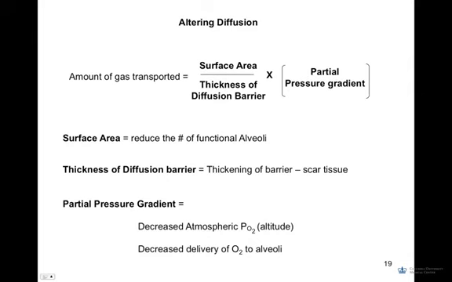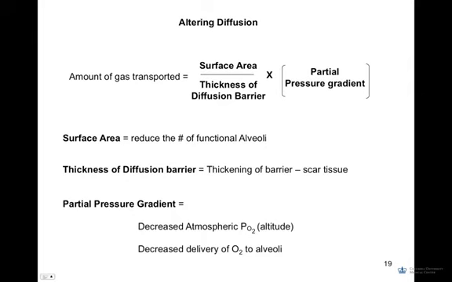So for example, for individuals with pulmonary disorders where they have a reduced number of functional alveoli, maybe the alveoli have compressed, or they've collapsed, or for any number of reasons, that's going to reduce the surface area available for exchange, and it's going to reduce or compromise gas exchange.